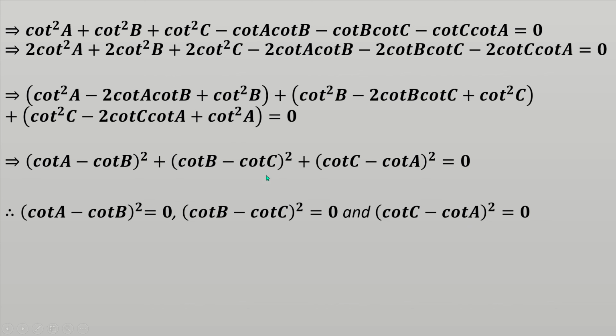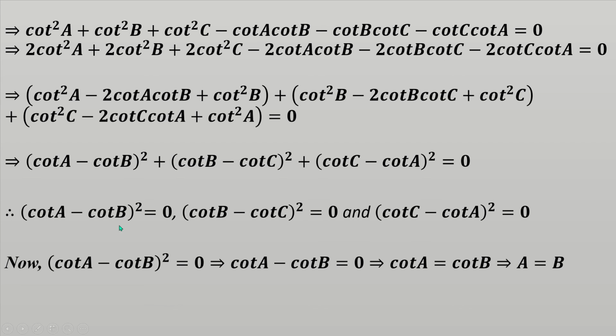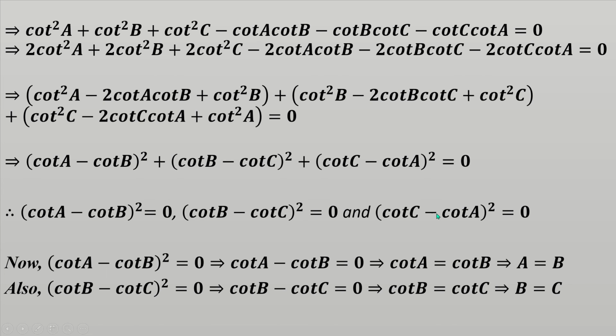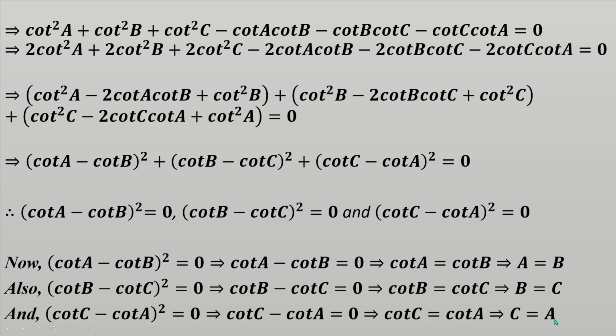As a result, left side and right side will be the same. Now, cot a minus cot b equal to 0, therefore cot a equal to cot b, that means a equal to b. Similarly, we'll get b equal to c, and also c equal to a. That means a equal to b, b equal to c, and c equal to a, so a equal to b equal to c. So proof is complete.